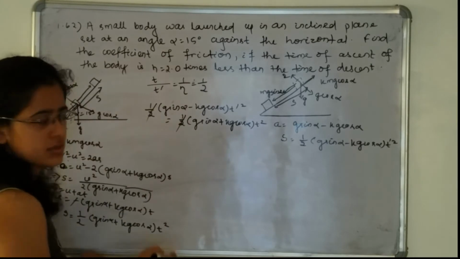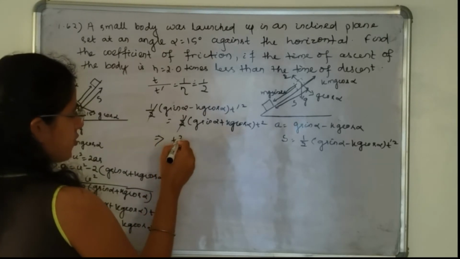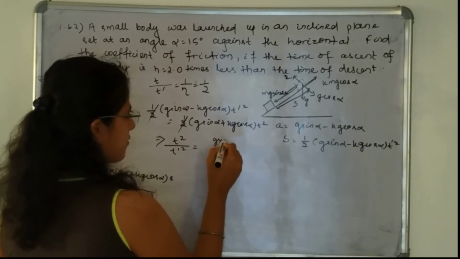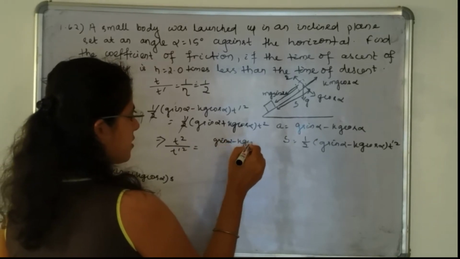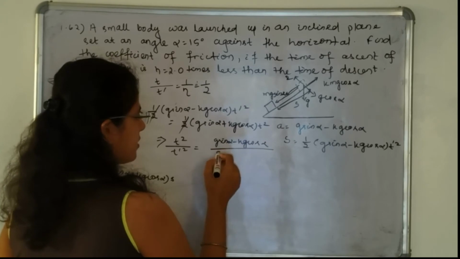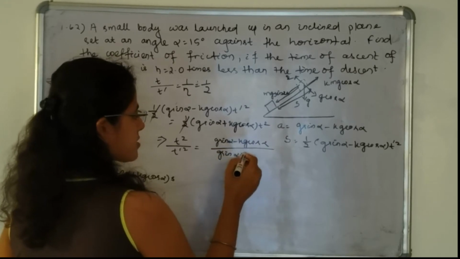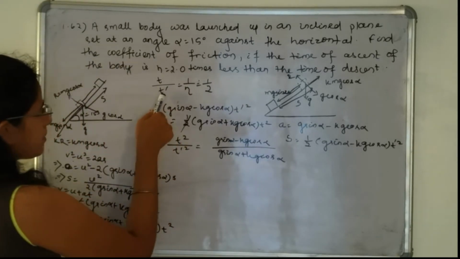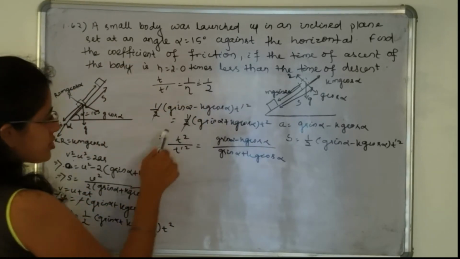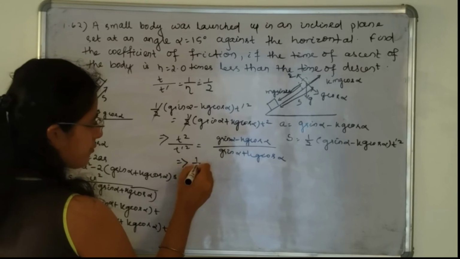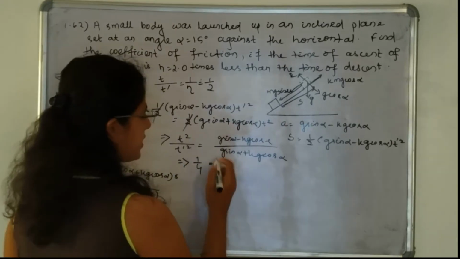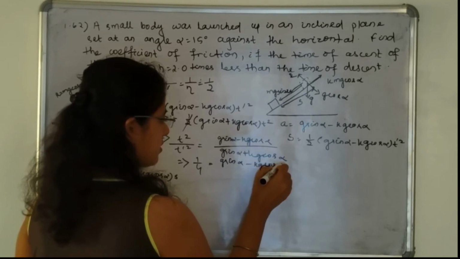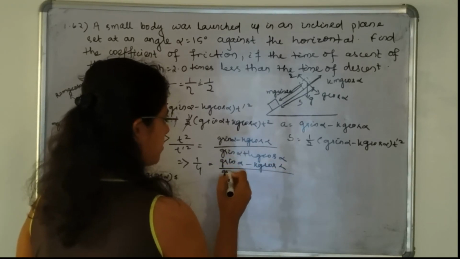Half cancels out. t square divided by t dash square is equal to (g sin alpha minus kg cos alpha) divided by (g sin alpha plus kg cos alpha). So t divided by t dash is 1 by 2, and its square is 1 by 4, equal to g sin alpha minus kg cos alpha divided by this value.